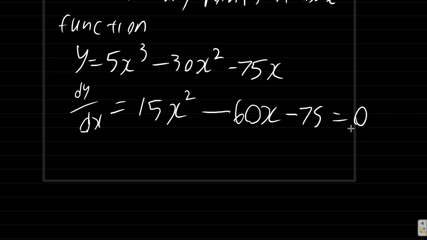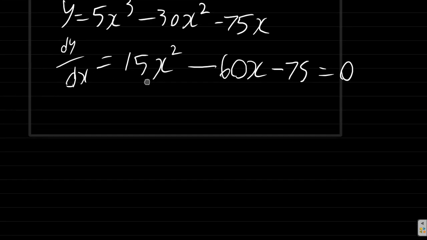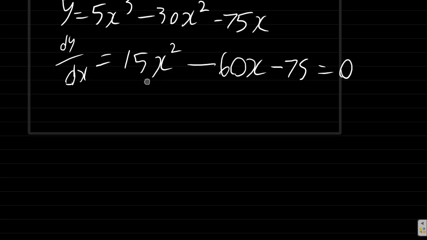Equals 0. You equate it to 0 because as a stationary point, the gradient is 0. So you make the gradient function equal 0. Remember, this is the gradient function, and you equate it to 0. Alright, so we have to solve this. We have some really big numbers here.